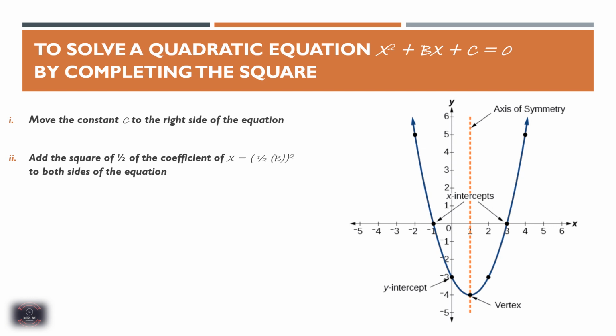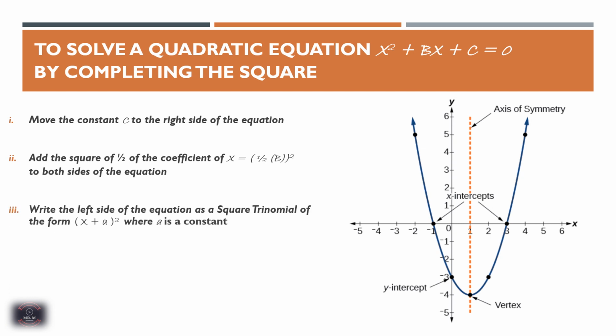In this equation, observe that the coefficient of x is b. As such, add half of b, the whole thing squared, to both sides of the equation. The third step is to write the left side of the equation as a square trinomial.